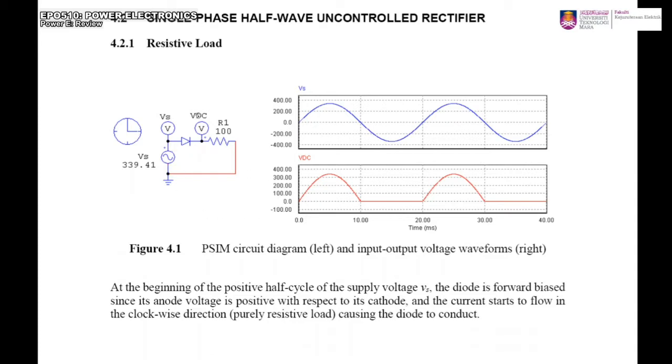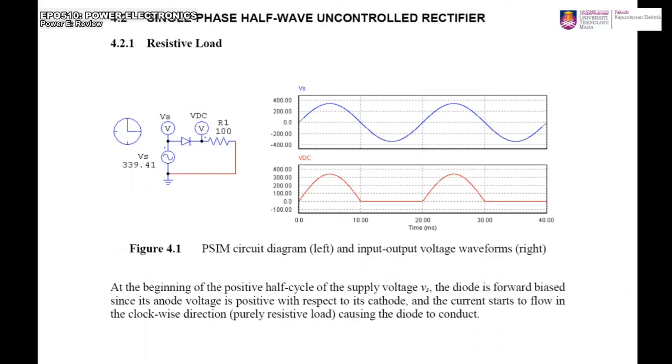Okay, so for the single phase half wave uncontrolled rectifier, look at the positive half cycle. Because of that positive half cycle, the diode experiences forward bias, and because this is a resistor, the current starts to flow clockwise, and therefore the diode is on.